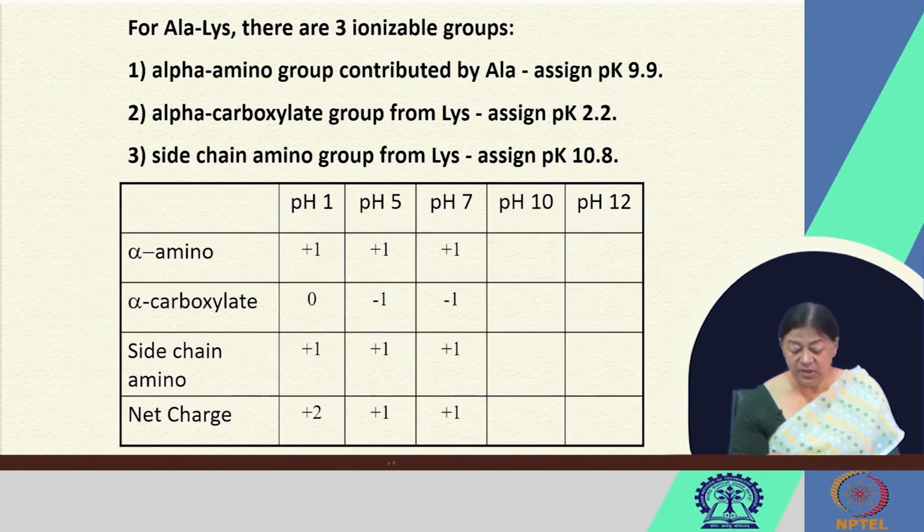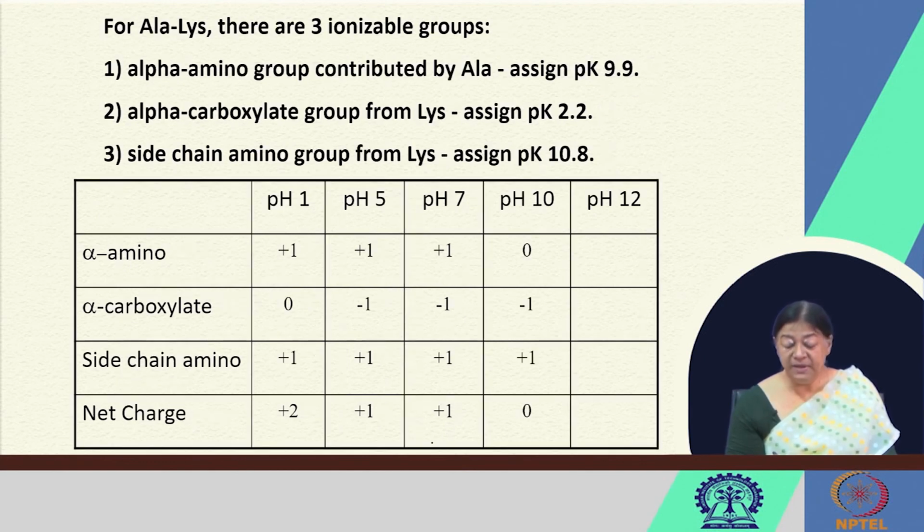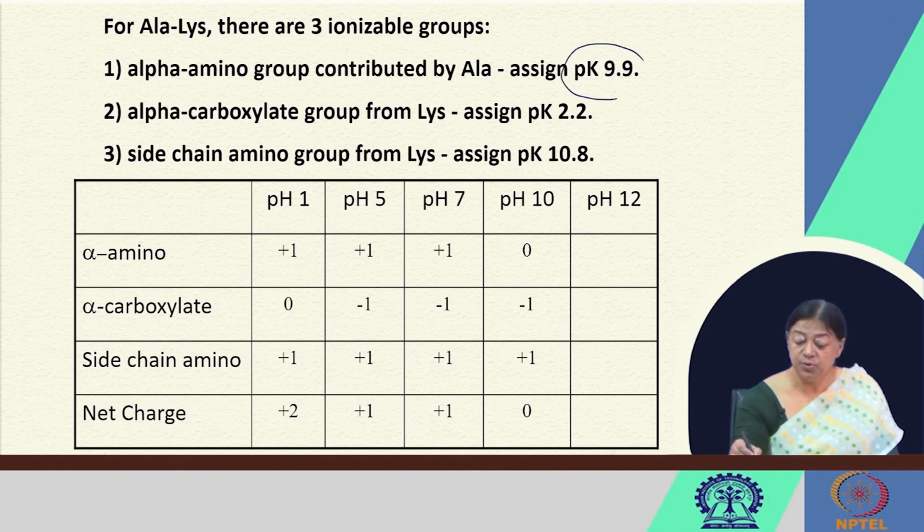If we look at the values at pH 7, we see that the alpha amino group still does not lose its proton. The alpha carboxylate group has already lost its proton, so it retains this charge. The side chain amino group has not lost its proton, so it is still +1, and the overall charge is still +1. At pH 10 now, we have lost this proton.